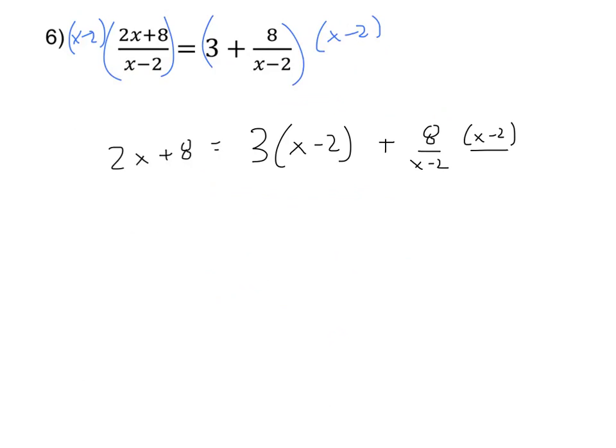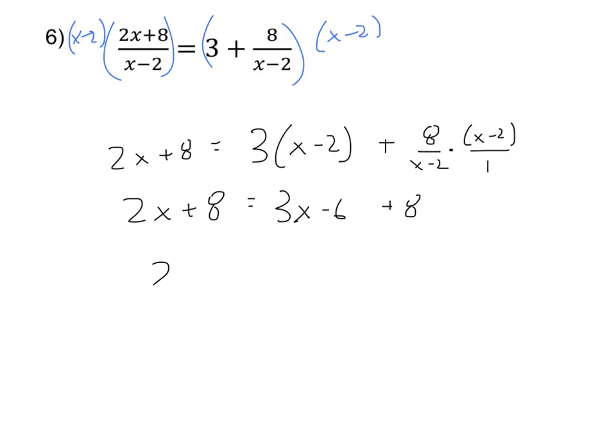And we can write this as x minus 2 over 1. If you're confused on that step, all I did is take this whole thing, x minus 2, and distribute it. So x minus 2 times 3, that's right here, and x minus 2 times this whole thing, right here. So I have 2x plus 8 equals 3x minus 6, plus, over here, x minus 2 divided by x minus 2 is just 1, so this is just going to be plus 8.